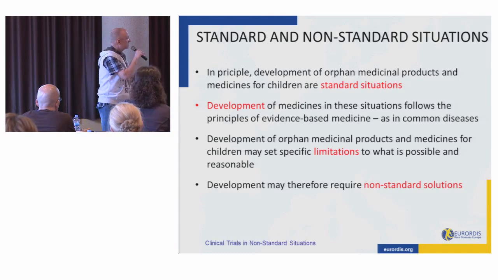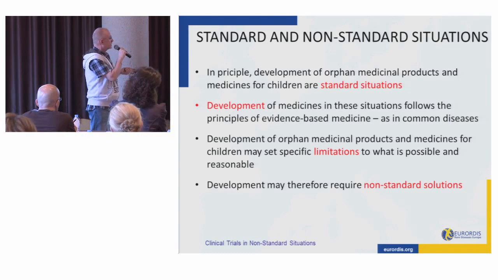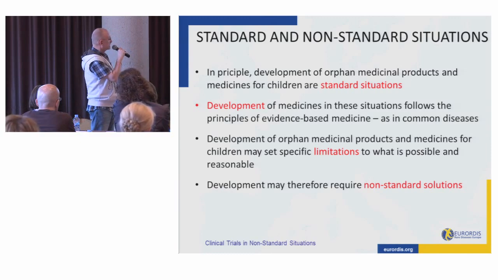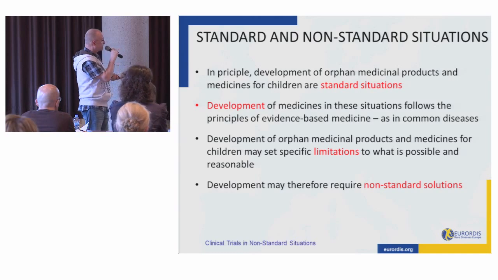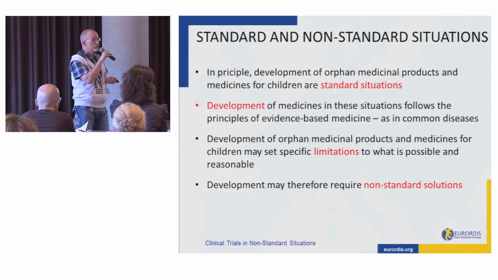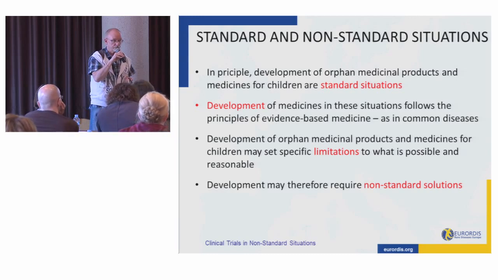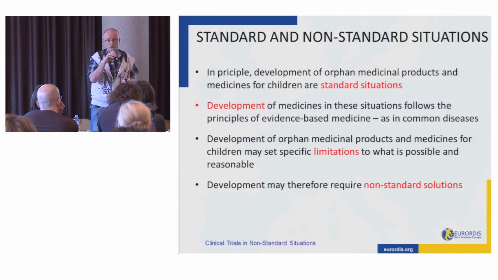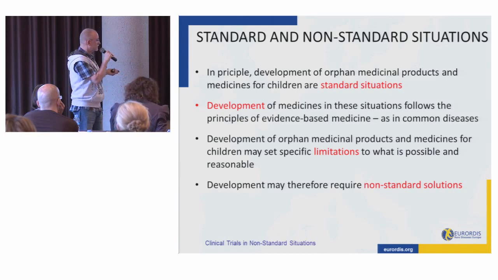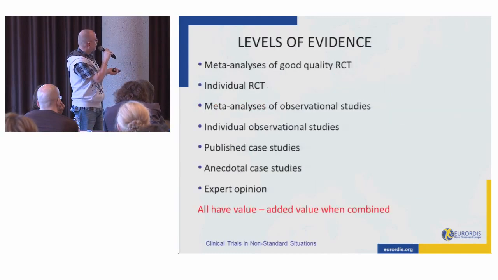So development of medicines in these situations, in orphan conditions and for children, follow the principles of evidence-based medicine, but we have to take account of the limitations, and therefore we often require non-standard solutions. If your standard solution is to do the parallel groups randomized control trial in an orphan condition, that may simply be out of reach. So you have to have an alternative or alternatives.